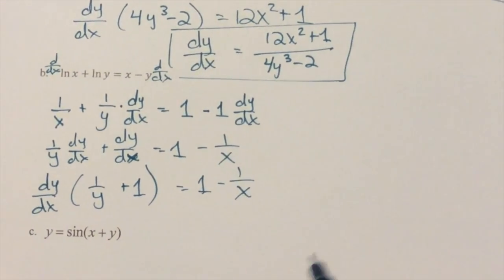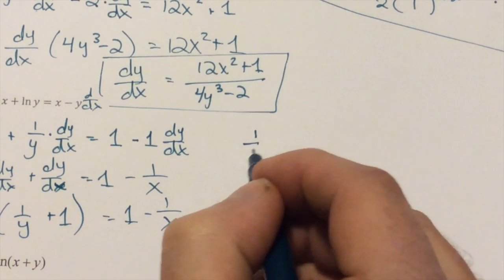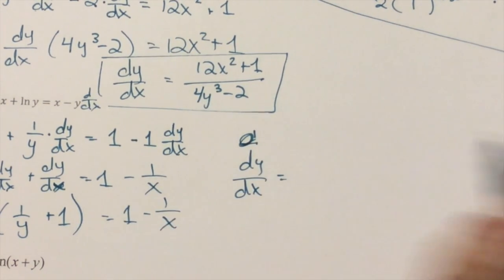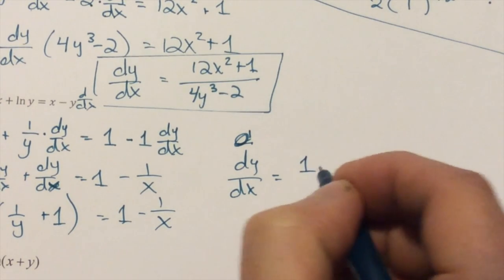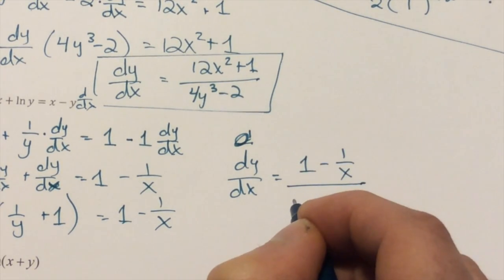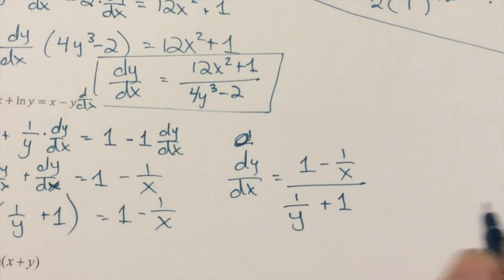So divide both sides, I have dy dx equals 1 minus 1 over x divided by 1 over y plus 1.